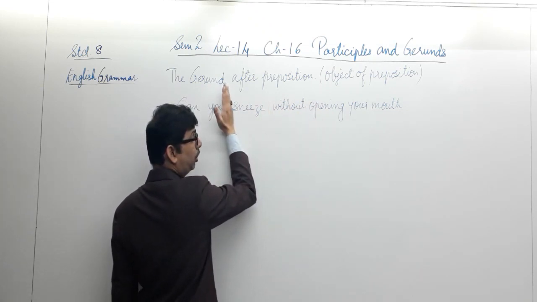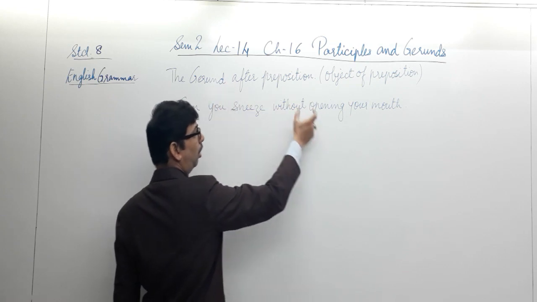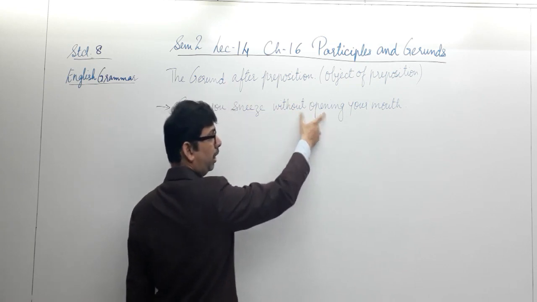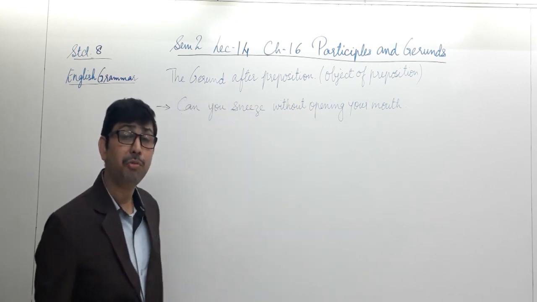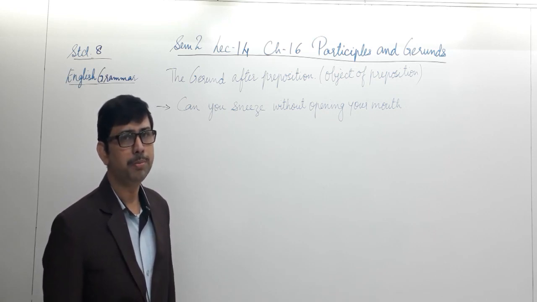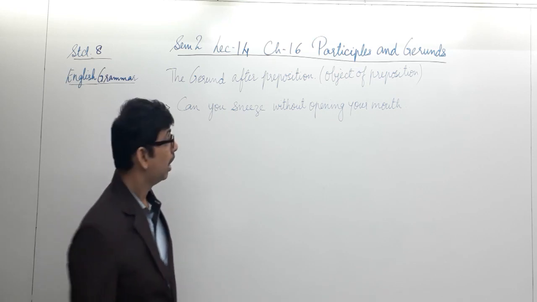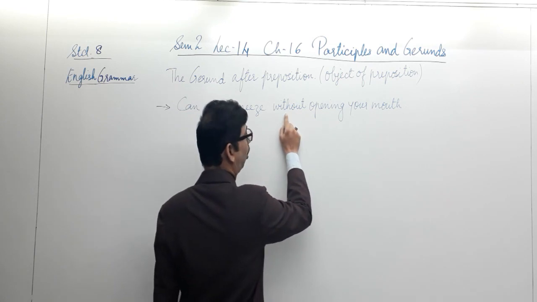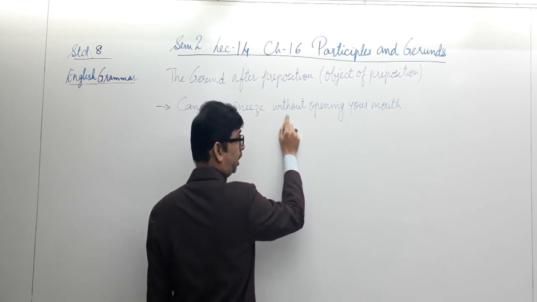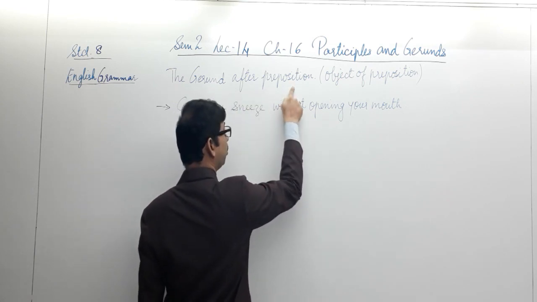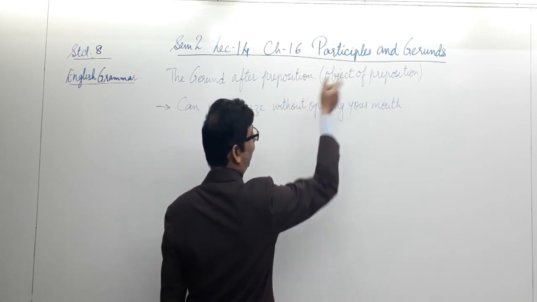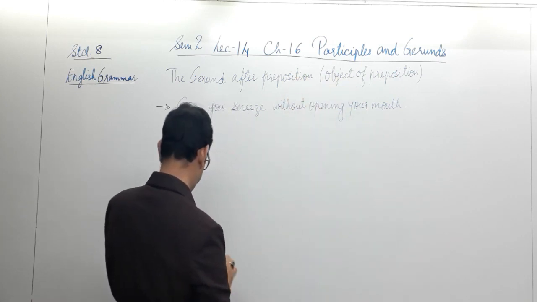Sneeze without opening your mouth is my predicate, and the word opening, which appears over here in the predicate part as a verb, is not actually a verb. It is playing the role of a gerund, supporting the object of a preposition without. So used after preposition, or what we call object of a preposition.